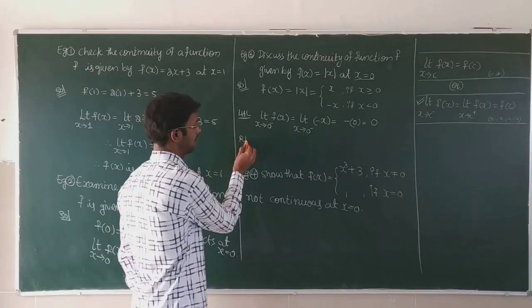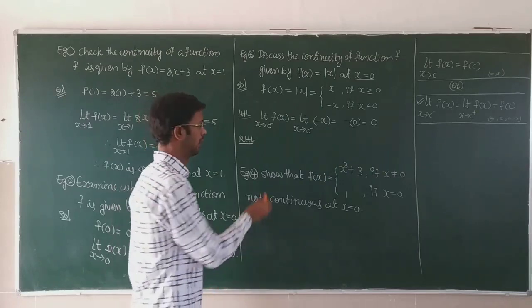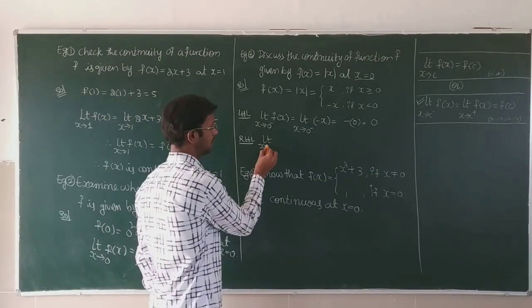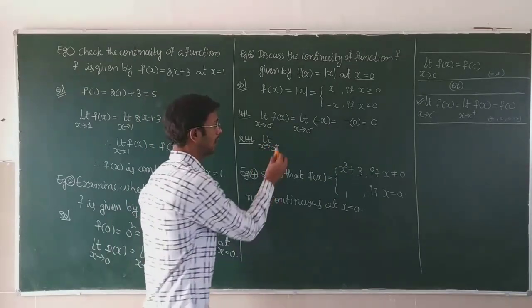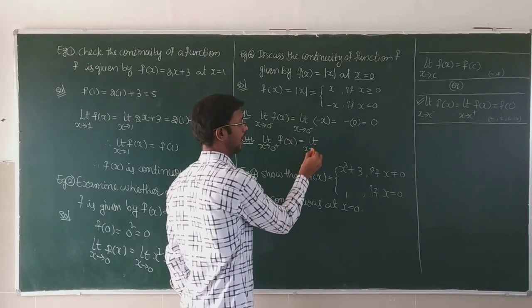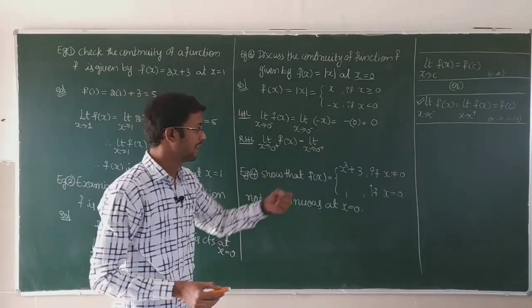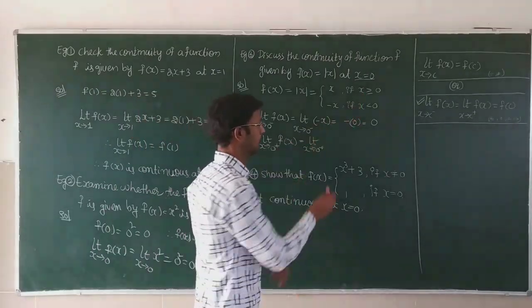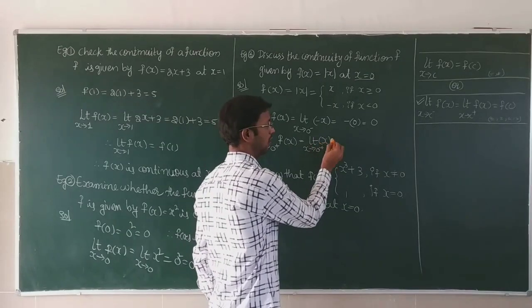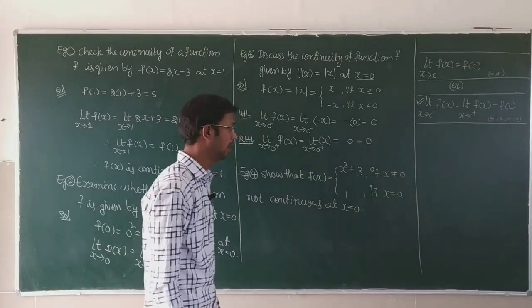Next, RHL, right hand limit: limit x tends to 0 plus of f of x. It is very small, more than 0, greater than 0. So that's why the function value is x. Here you substitute 0, the answer will be 0.